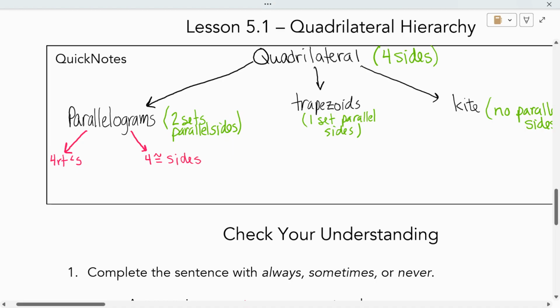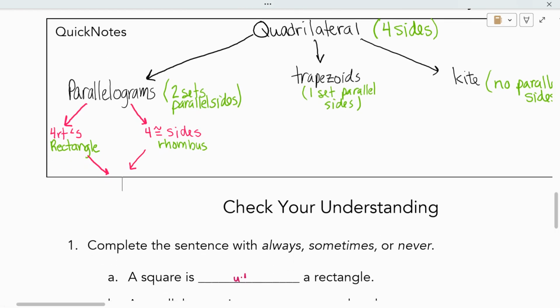What quadrilateral had 4 right angles? A rectangle. What quadrilateral had 4 congruent sides? A rhombus. What quadrilateral had both 4 congruent sides and 4 right angles? A square.